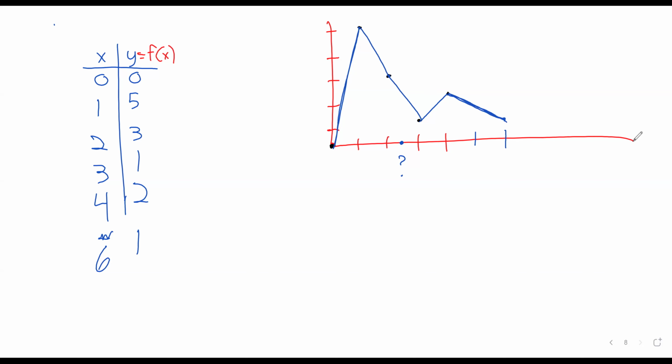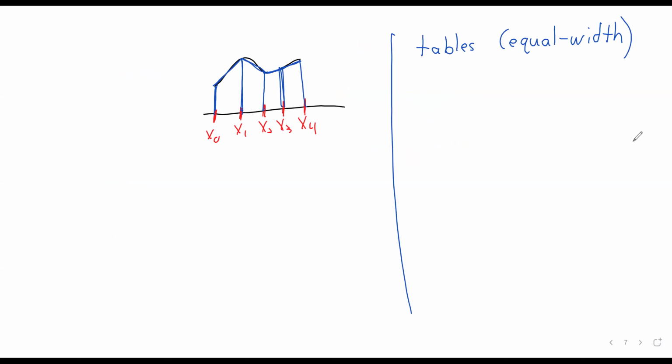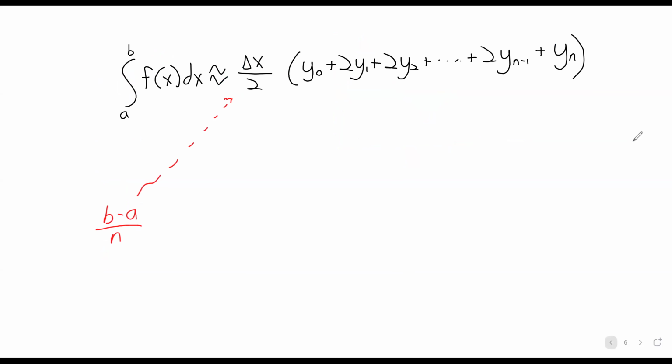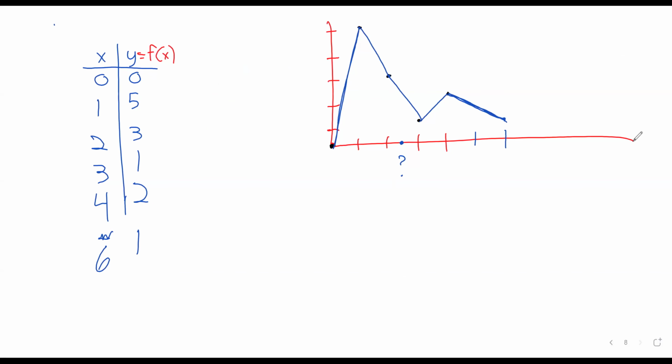But the downside of that is that we'll no longer have this nice formula. This formula requires that the intervals all be of the same length. So we now have to approach this a little more manually. We would have to find the areas of each of these trapezoids and add them together without the formula.